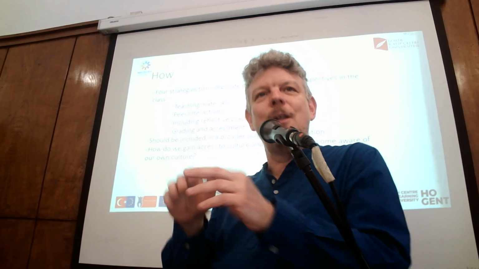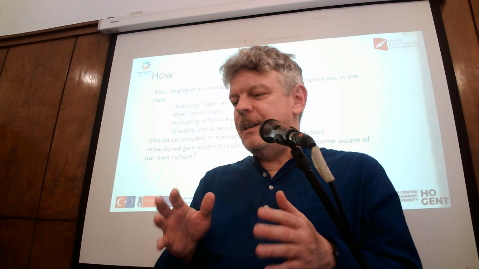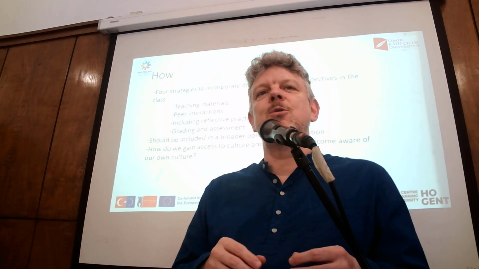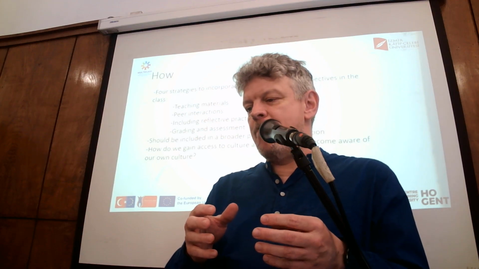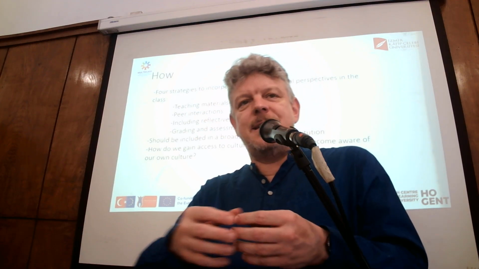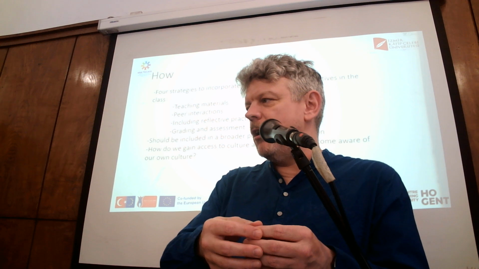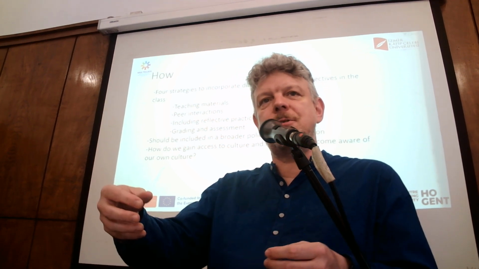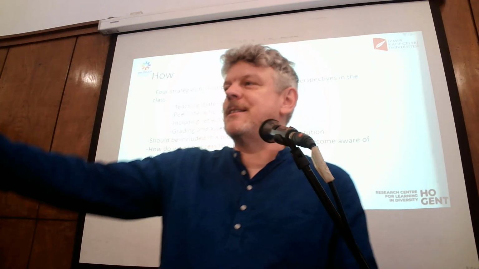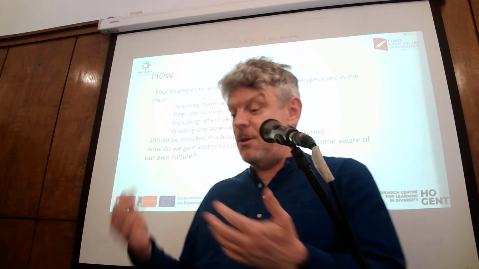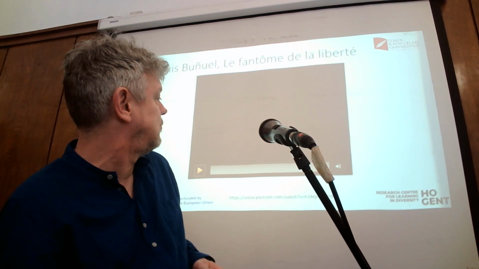The movie from which this fragment comes, Le Fantôme de la Liberté, The Phantom of Liberty, is not a classic story, but you're following something that's happening to a person, and then you meet someone else, and you forget about the first person, and you're following the second, and so on. So it's more of a collection of fragments. And this is a fragment I particularly always liked. I hope this works.